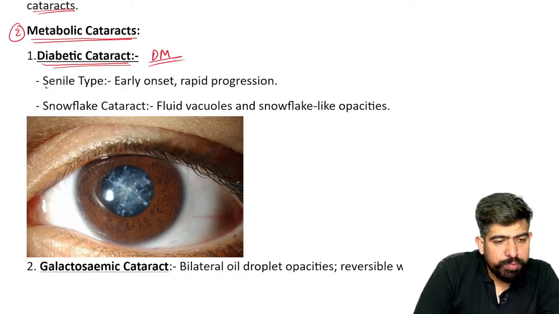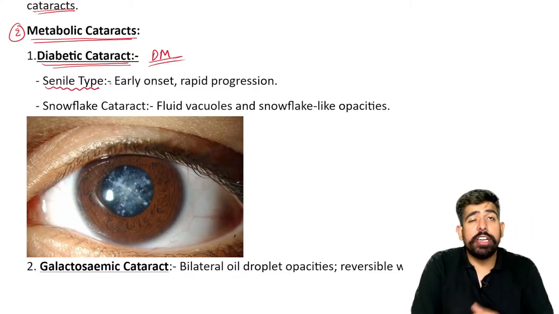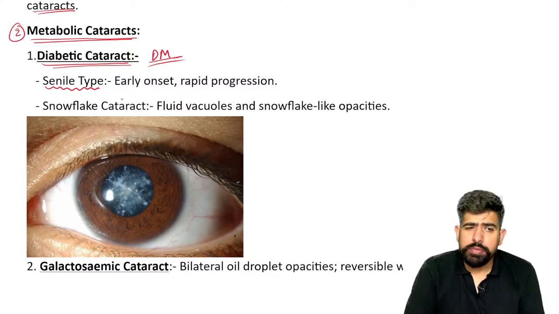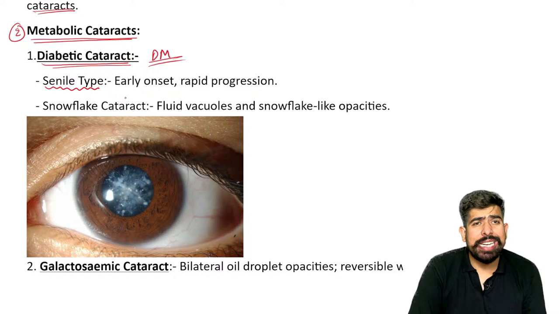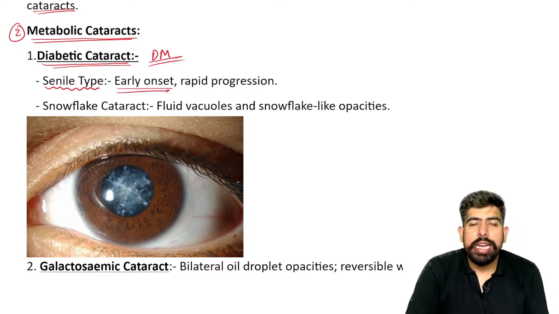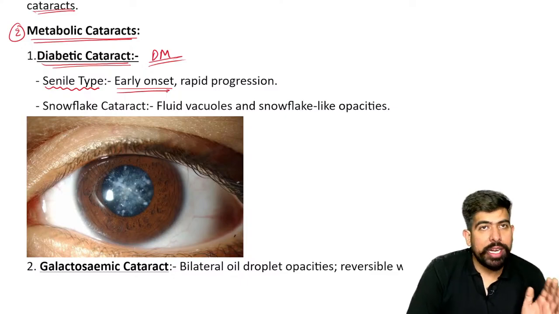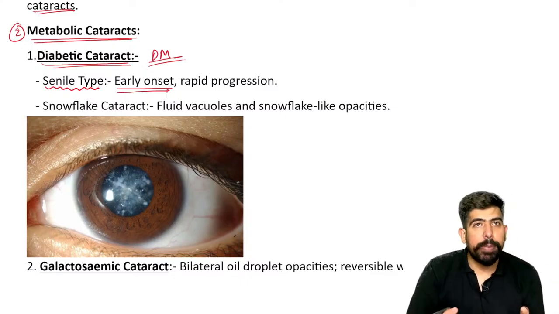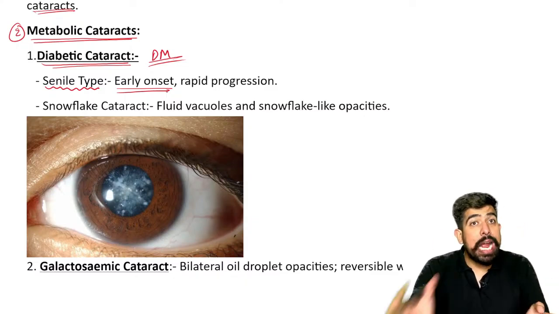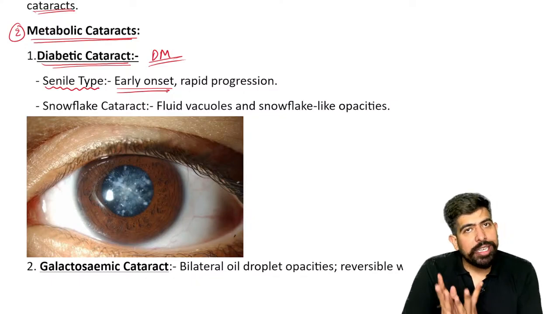We talked about this. Diabetes is a risk factor for the senile type of cataract. Also, diabetes will cause early onset. If a non-diabetic person is getting the cataract at the age of 48, the diabetic person will get it at 45 only.